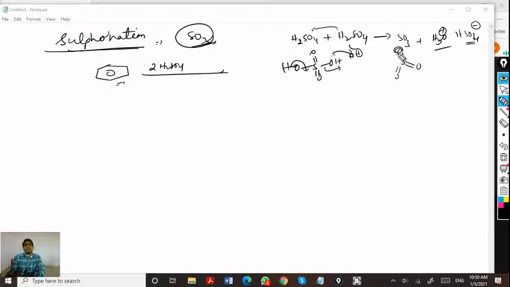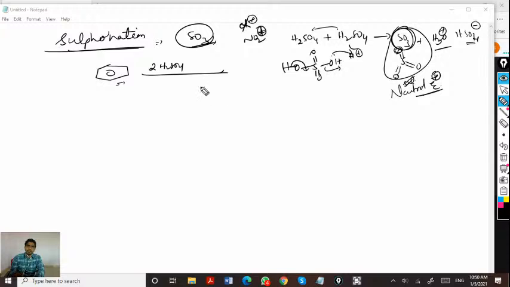So far we have discussed halogenation, where halogen is the electrophile, and nitration, where NO2 plus is the electrophile. But sulfonation is not the same as the other two. Here the electrophile is SO3, sulfur trioxide, which is a neutral electrophile. This is the only one which goes through a neutral electrophile.